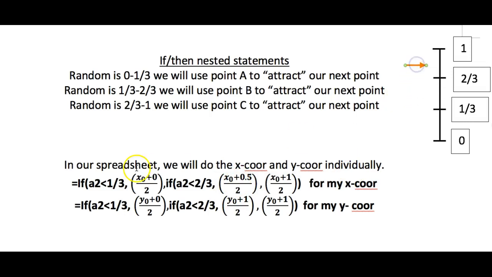And then if it's up here, is it less than 1/3? Nope. So I'm going to skip this. Is it less than 2/3? Nope. So I'm going to skip this, and then else it's going to plot this, which would be an attractant towards point C. And I do have an error here because the point is (1, 0) for point C. So that's what I should have there for that point.